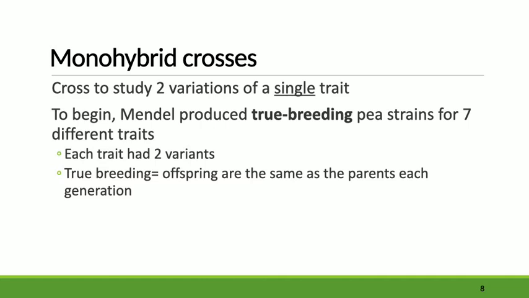It means that if you have a plant that is able to self-fertilize, meaning the sperm and the egg come from the same individual, then their offspring looks exactly like the parent for that trait.